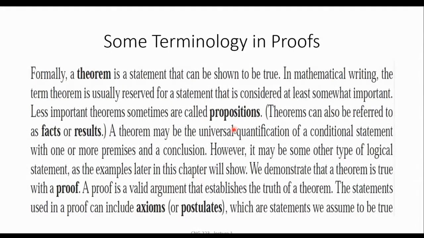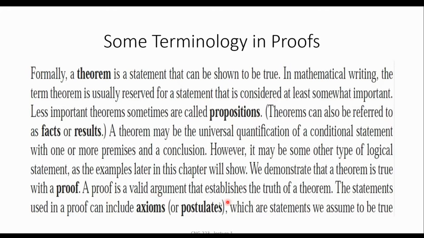When we say this chapter, we mean chapter 1, and also in the next slides, I will show you what we are talking about here. And we demonstrate that a theorem is true with a proof. So instead of saying this argument is valid or not, for theorems we say we have a proof for that or not. So a proof is a valid argument that establishes the truth of a theorem.